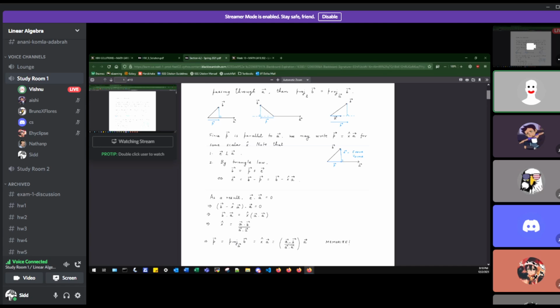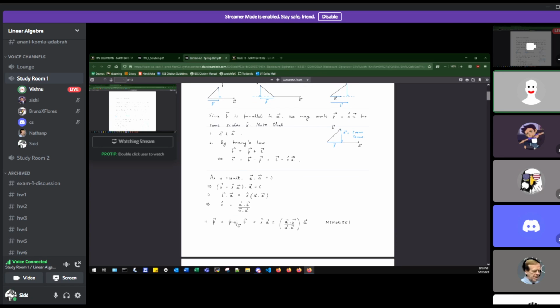It's going to be A dot B, so this vector times this vector, divided by A dot A, so this vector dotted with itself, and since this quotient is a scalar, we multiply that with the vector you're projecting onto, so A. And this is denoted proj of B with a subscript of A. The way I like to memorize this is that the A is a subscript and A dot A is in the denominator.